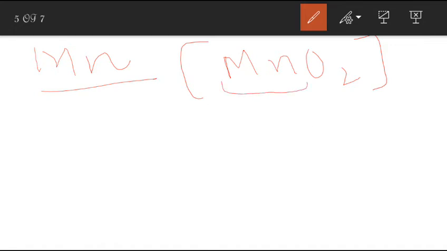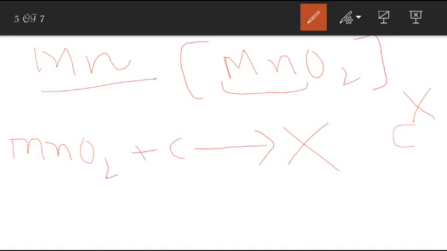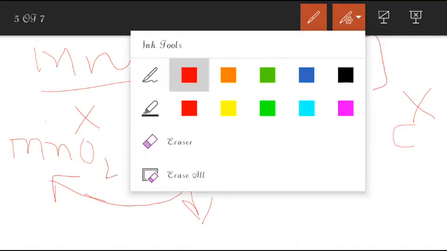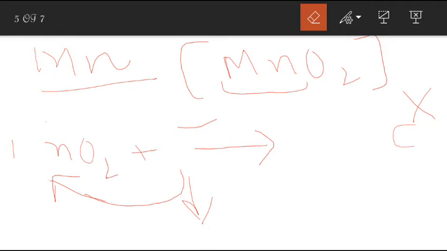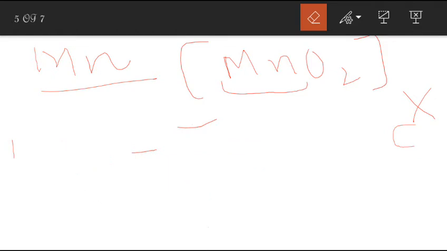So we will not use carbon as a reducing agent, because I will show you, if carbon is used as a reducing agent, this reaction will not take place, because carbon is less reactive than manganese. Carbon will not displace manganese from its oxide. That is why we will use aluminum in place of carbon as a reducing agent.